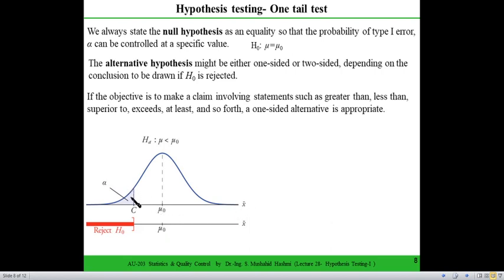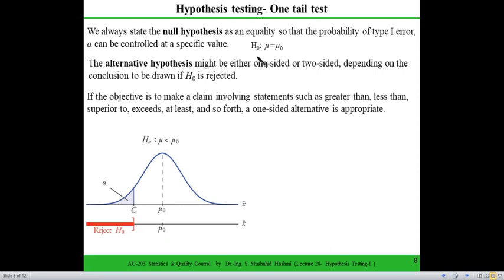If this area is, let's say, 5%, then there is a certain critical value of the sample mean, a threshold or significance, where you are going to reject your null hypothesis in favor of the alternative hypothesis, because once your sample mean lies in this region, it means your mean value is obviously not the same as mu naught.